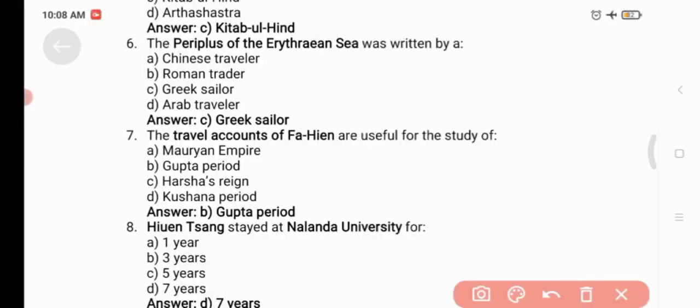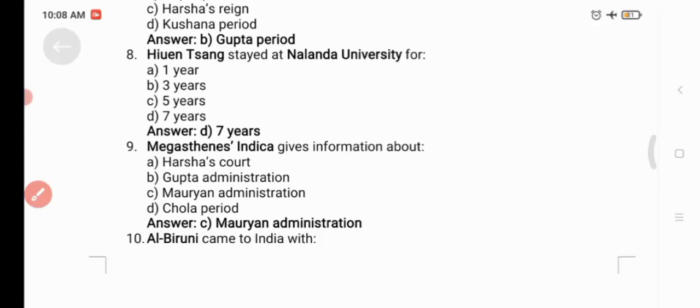The Periplus of the Erythraean Sea was written by option C, a Greek sailor. The travel accounts of Fa-hien are useful for the study of option B, Gupta period. Hiuen Tsang stayed at Nalanda University for option D, 7 years.